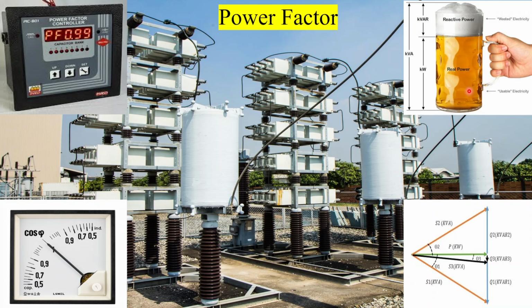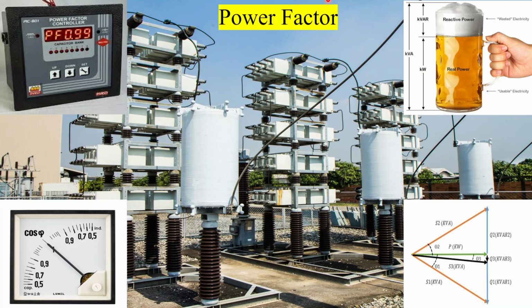It is defined as the ratio of the real power, the power actually used to perform the work, that is measured in watts, to the apparent power, the total power supplied to the circuit, measured in volt-amperes.